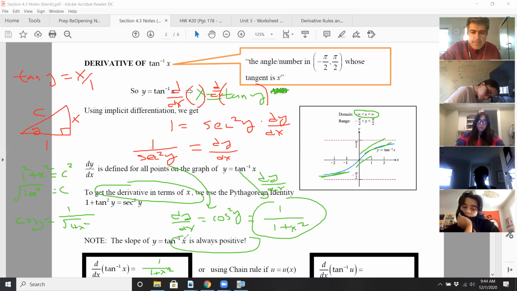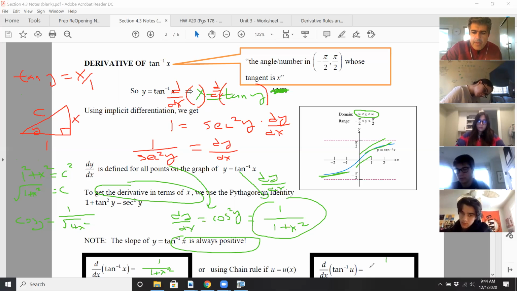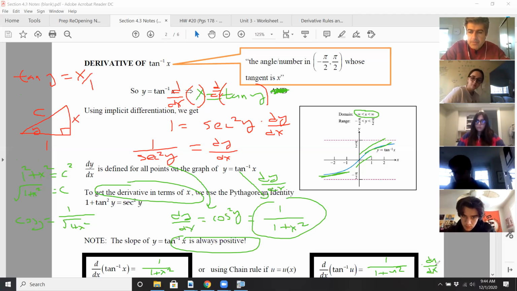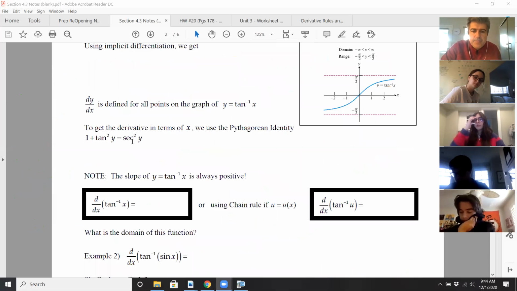And if you do a chain rule, you should have 1 over 1 plus u squared, but times d over dx. Okay, so that's another formula we have, and let's actually apply it.